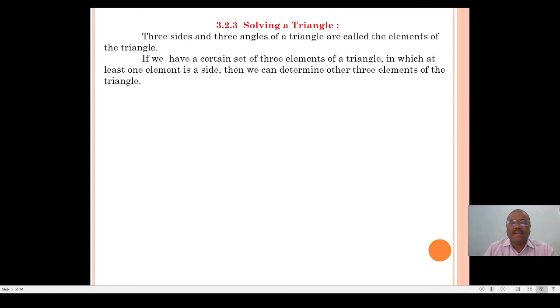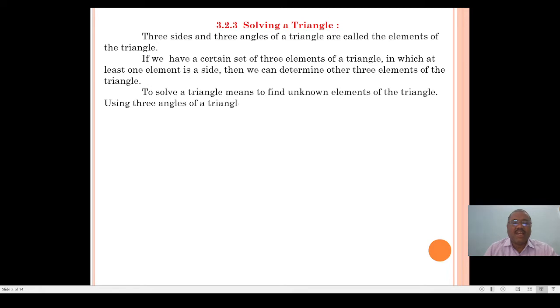So for finding all six elements of a triangle, we need a certain set of three elements in which at least one side is a must. Solving a triangle means finding the unknown elements of the triangle. Using three angles of a triangle, we can't solve it. At least one side should be known.